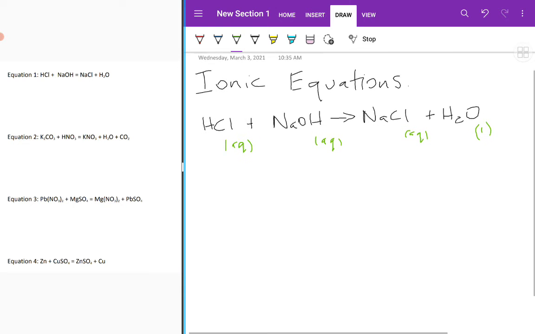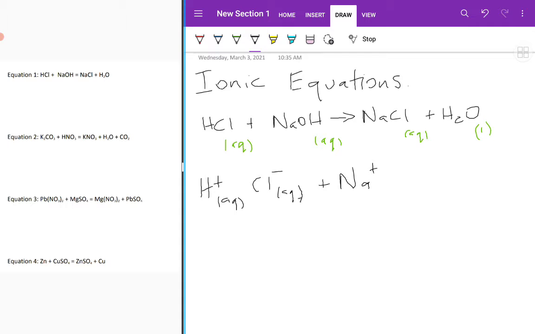Now we need to identify the compounds that are aqueous, and split them up into their respective ions. Our HCl splits up into H plus ions, which are aqueous, and Cl minus ions that are aqueous. Our sodium hydroxide splits into sodium ions, aqueous, and hydroxide ions, aqueous.